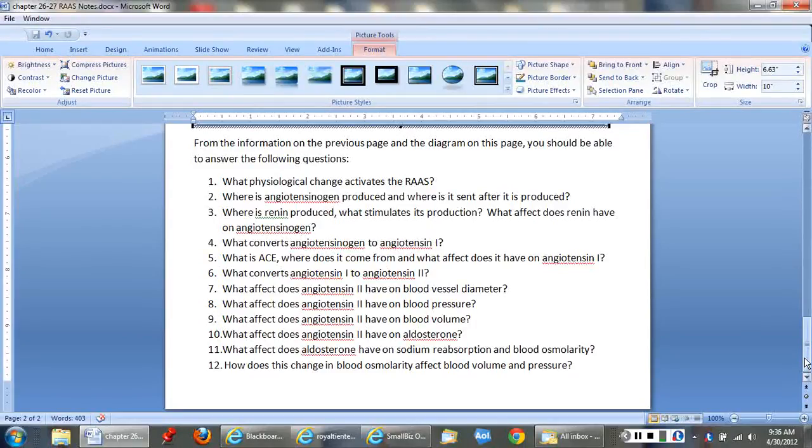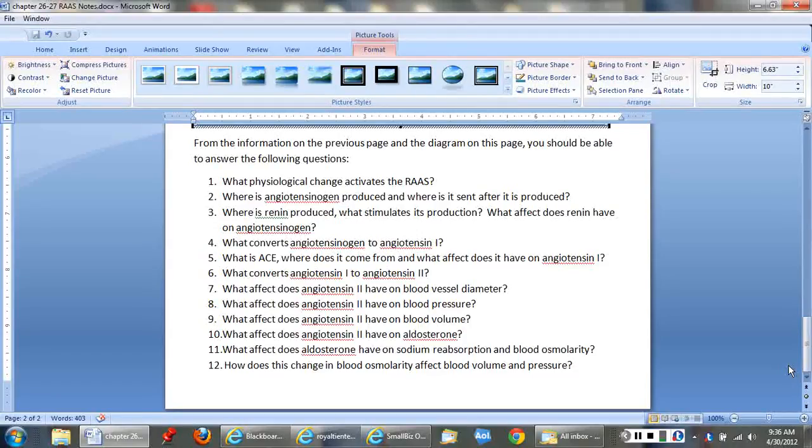Whenever salt concentration increases in one compartment, what happens? Water follows, okay? So that's kind of what I'm asking here, that you all need to really understand this. So what effect does aldosterone have on blood osmolarity? It's going to increase blood osmolarity because it's increasing the concentration of solute, meaning sodium, in the blood plasma. Okay?